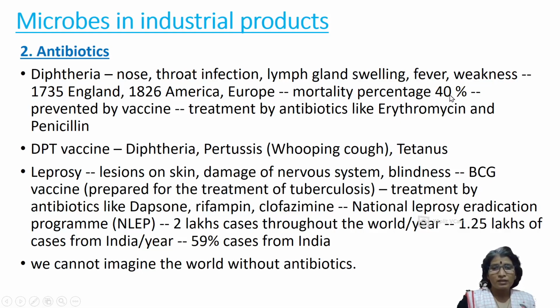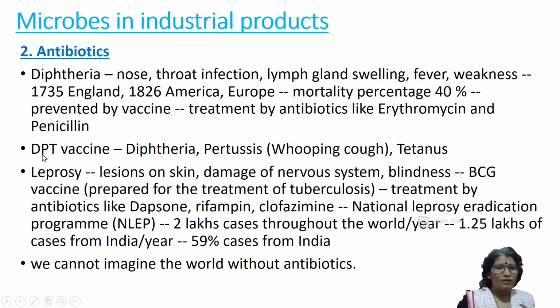Means, for example, if 100 people are affected by diphtheria, 40 people died. So it was a very dreadful and sorrowful condition at that time. Now diphtheria can be prevented by a vaccine, and we can treat this disease by using antibiotics like erythromycin and penicillin.